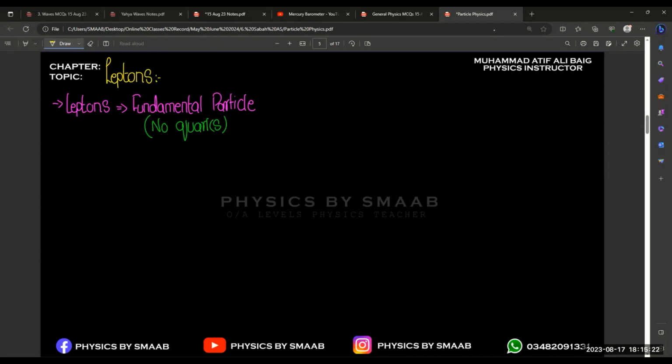The first one, let's suppose we consider, is the electron. So the electron is also in the category of leptons, right?